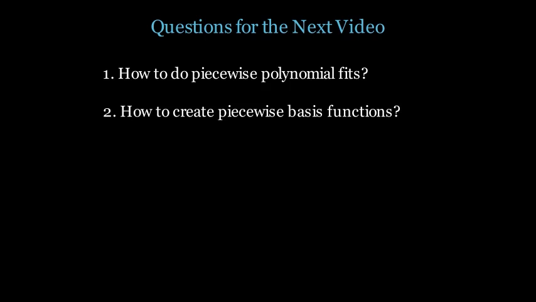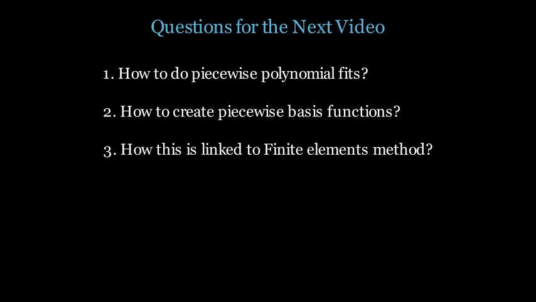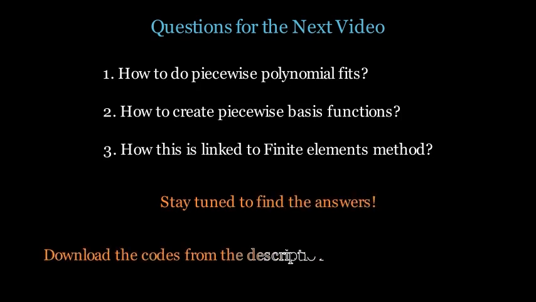And third, the most important part, how this is linked to the finite element method, because this is our goal from the start, to understand the finite element method. So stay tuned to find the answers, and download the codes from the description and start experimenting on your own. Take different functions and get your hands dirty.